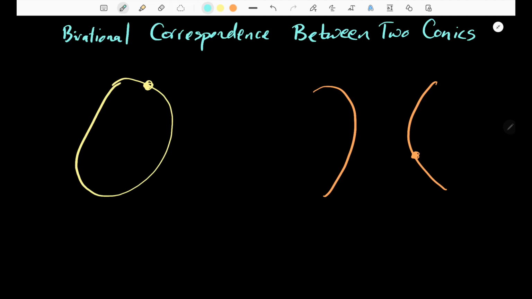And so our correspondence is, well, if you give me any point on the first conic, I just connect it to the base point, and then I draw the parallel line from the base point on the other conic, and then wherever it intersects, these two correspond to each other.